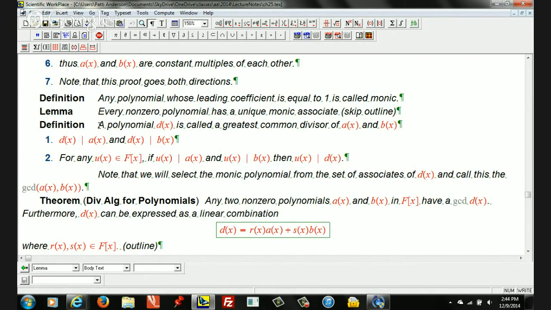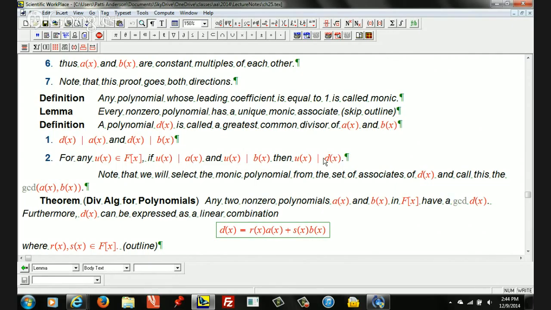Then where we're headed today is the greatest common divisor, because of course we are going to find greatest common divisors of polynomials. A polynomial d of x is called a greatest common divisor of a of x and b of x if d divides a and d divides b, and for any u in F[x], if u divides a and u divides b, then u has to divide d.